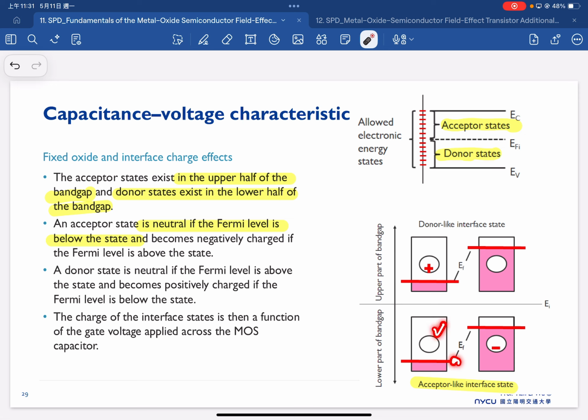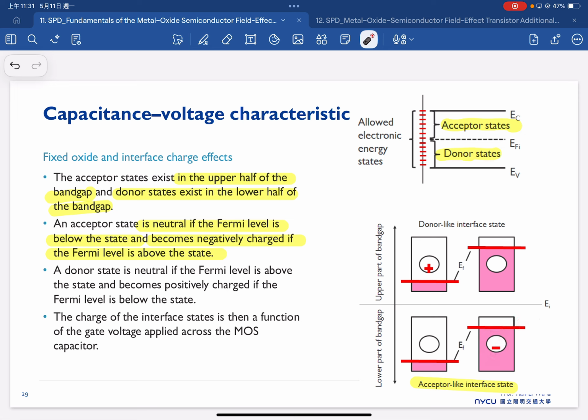Therefore there's no charging effect, so this will be neutral. However, it will become negative charge if the Fermi level is above the state. So once our Fermi level is above this state, we start to see the negative charge here. If the charge state has this kind of characteristic, we call this an acceptor state.